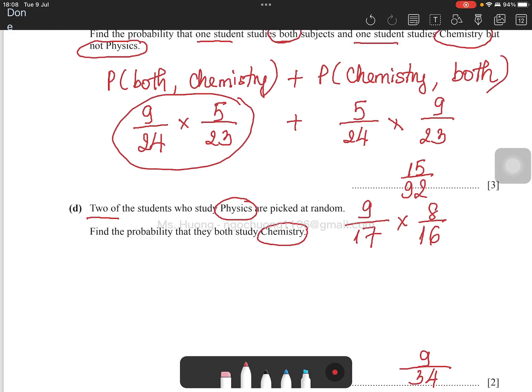But in question D, you see that both students are from the set of the students who study physics. And we find the probability that both of them study chemistry. So you see that in this case, the order is not important because they both study chemistry. They have the same property. So we don't have the second case in this question D.